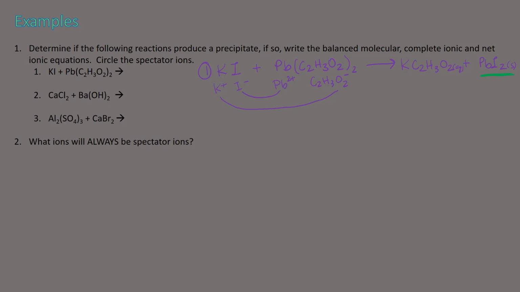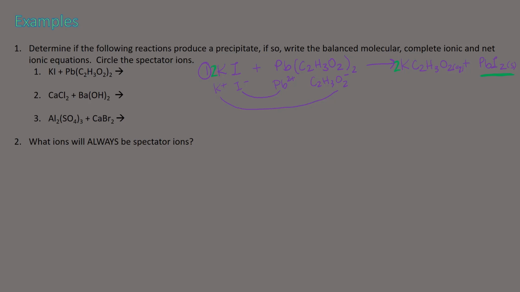And we need to make sure that this is balanced. Right now it's not. So I have 2 iodines on the product side, so I need 2 here. And then I have 2 potassium, so I need 2 here. And then I have 2 of the acetates and 2 acetates, so this would be balanced now.